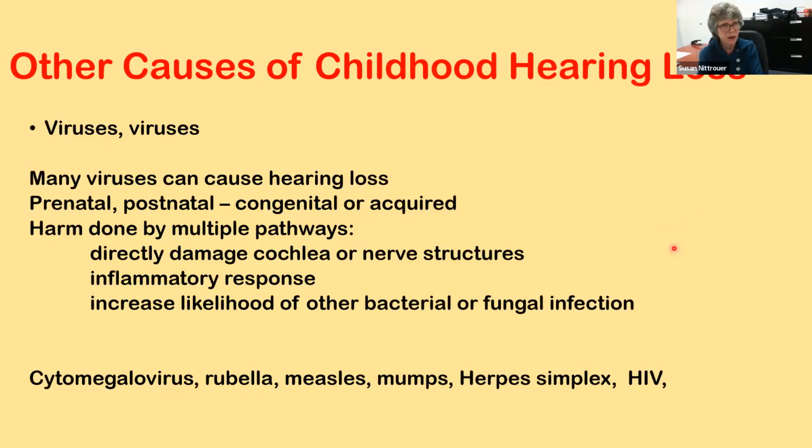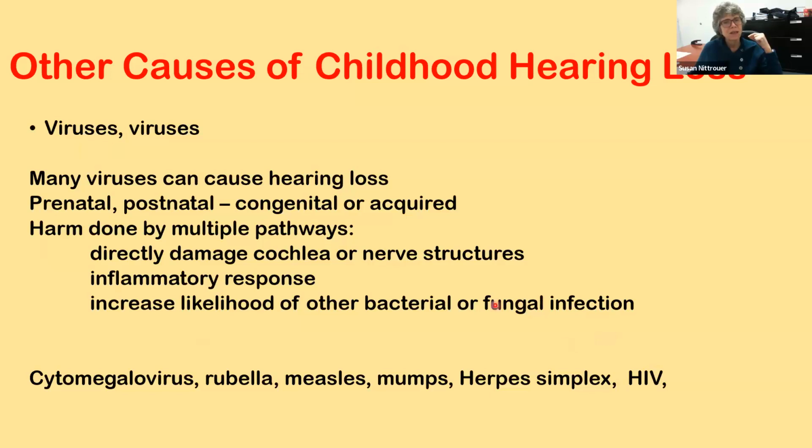Okay, what are some of the other causes of childhood hearing losses? Again, viruses. There are many viruses that can affect hearing, and they can do so in 3 ways, okay? So first of all, a virus can directly damage the cochlea or the auditory nerve. A virus can instead just establish an inflammatory response in the cochlea, and that inflammatory condition damages the hair cells, for example.